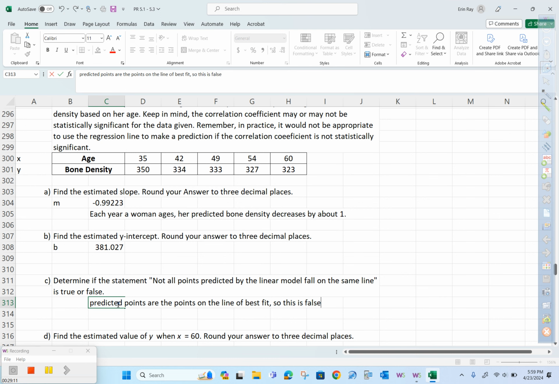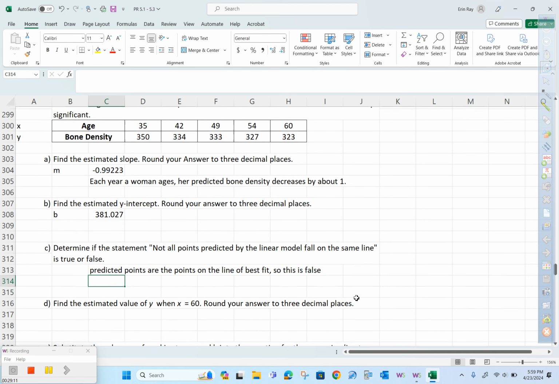Now, if I asked you not all of the points fall on the linear model, that could be true. We don't know how good this linear relationship is, but this said not all points predicted by the linear model fall on the same line, and that's literally how we make a line of best fit, is putting predicted points and making a line. Okay, so that was false.